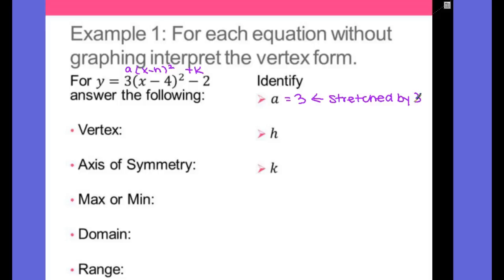So since it's x minus 4, we put a positive 4. It's always going to be the opposite of what it is in the equation. So if it had been x plus 4, this would be a negative. So h equals 4 tells me that this graph is shifted right 4.